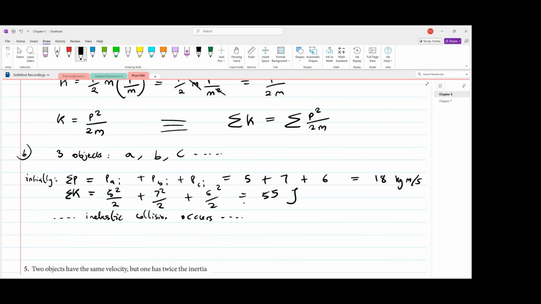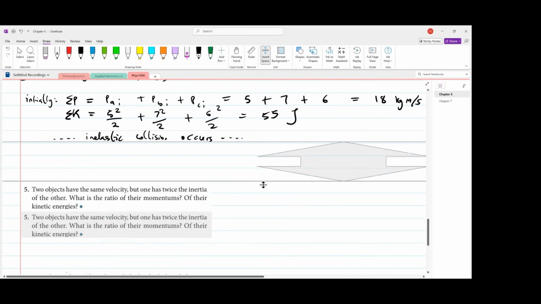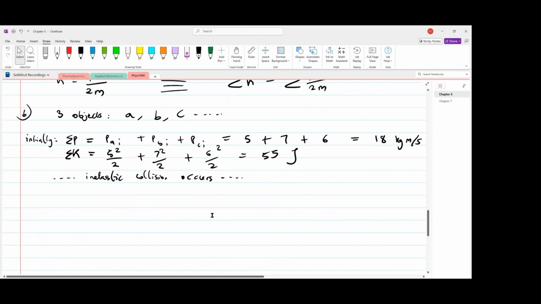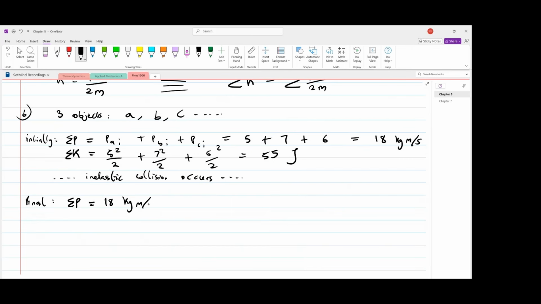Which means now your kinetic energy changes. We expect that to happen, but we know that based on the law of conservation of momentum, the sum of momentum initial is supposed to be equal to the sum of momentum final. So our sum of momentum is going to stay at that 18 kilogram meters per second.